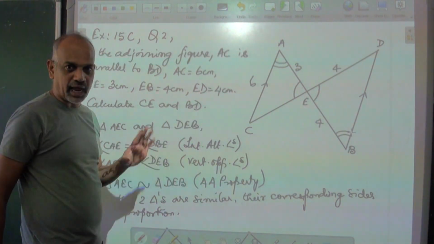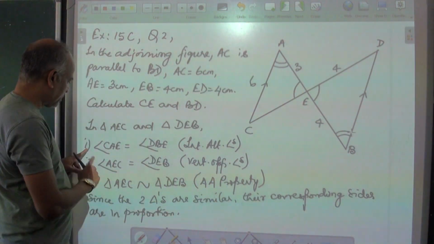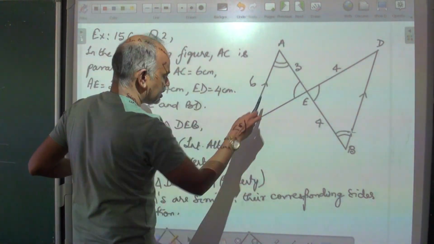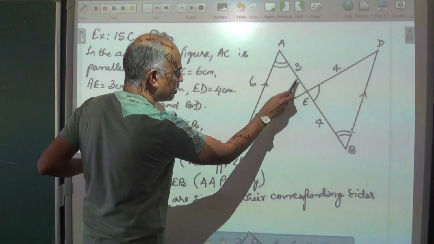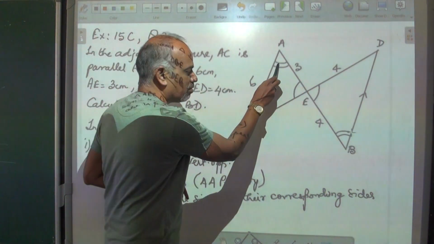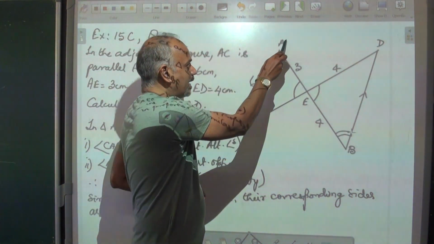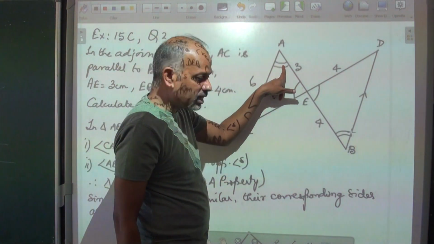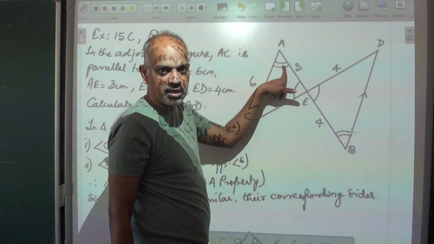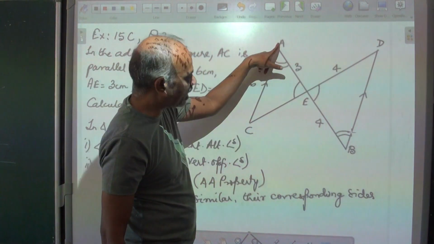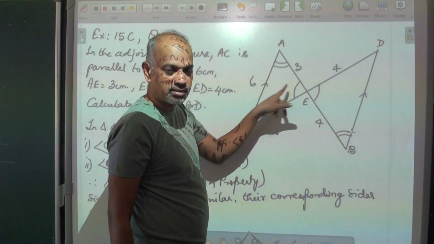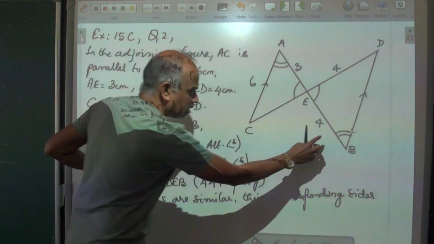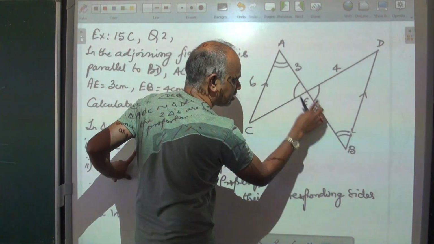In this, the first angle that is equal is angle CAE. Wherever the angle is marked, that alphabet should be in the middle. So C, A in the middle, and then E. CAE is equal to this one because both markings are the same.